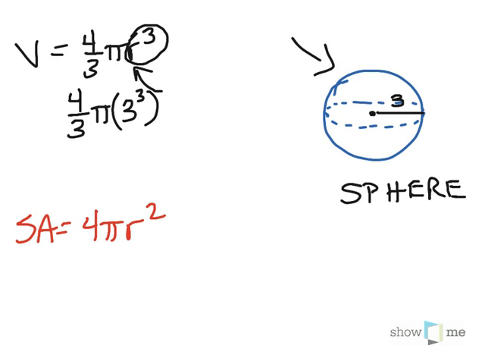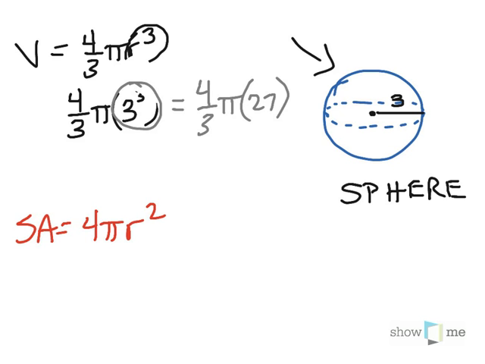Okay, I'm going to erase something here to make sure we don't accidentally confuse it with something else. Okay, now let's look at what would happen. This piece right here, 3 cubed is 3 times 3 times 3. That's 27. So I really have 4/3 pi times 27.